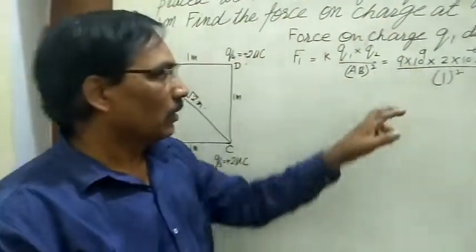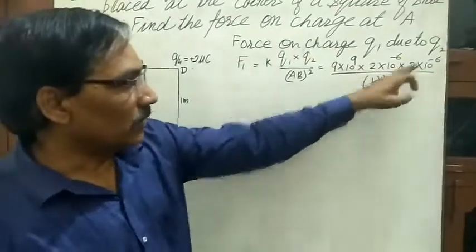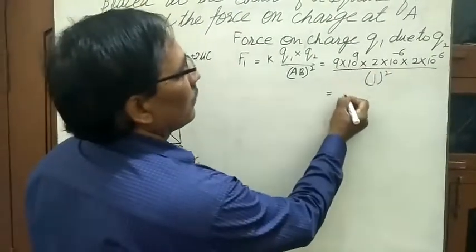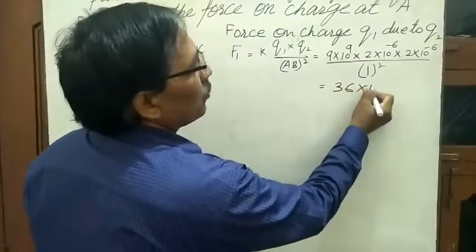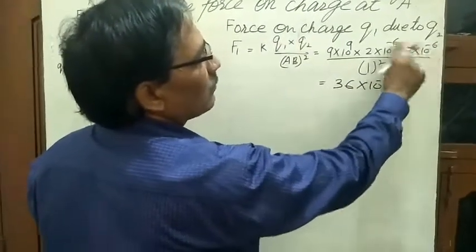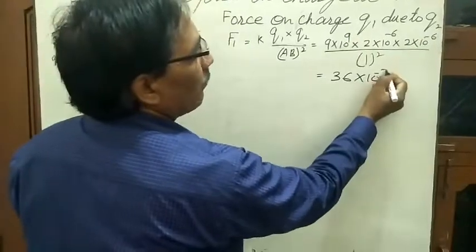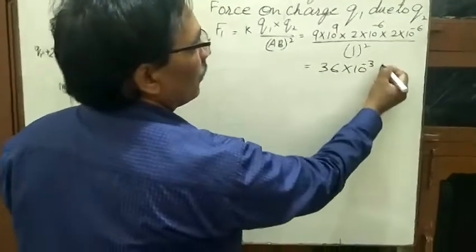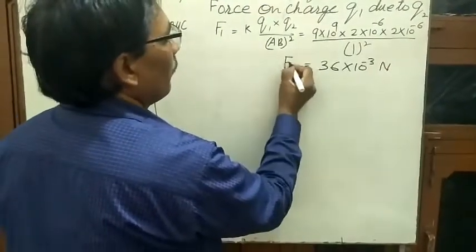Clear? Now 9 into 2 is 18, into 2 is 36. It is 36 into 10 to the power minus 6 minus 12 plus 9, it will come 10 power minus 3 Newton. This is F1.